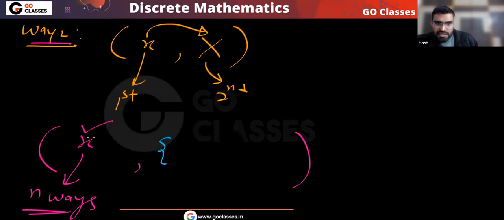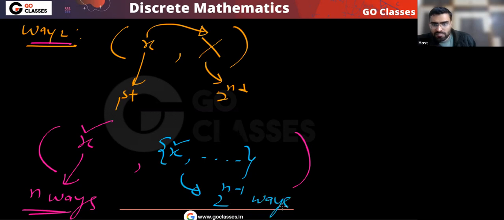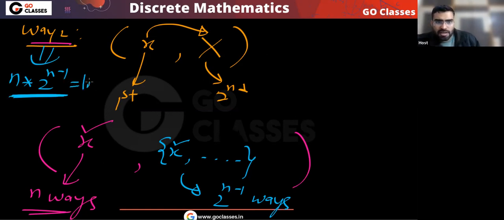It is guaranteed that this element must be here, and the remaining elements may or may not be here. So here it will be 2 power n minus 1 ways. So finally, using this way, the answer is n multiplied by 2 power n minus 1. This is the cardinality of A, correct?